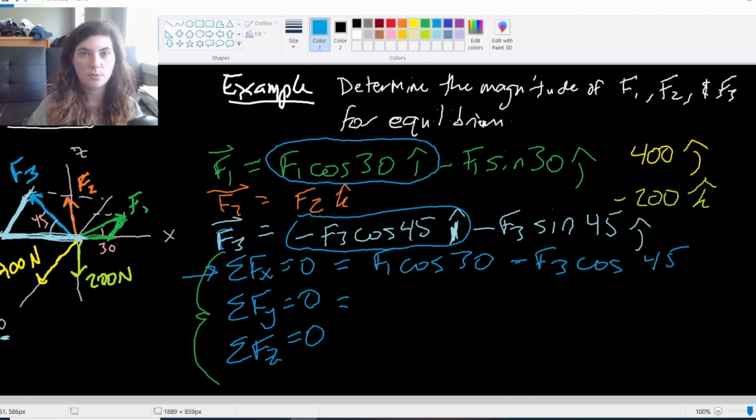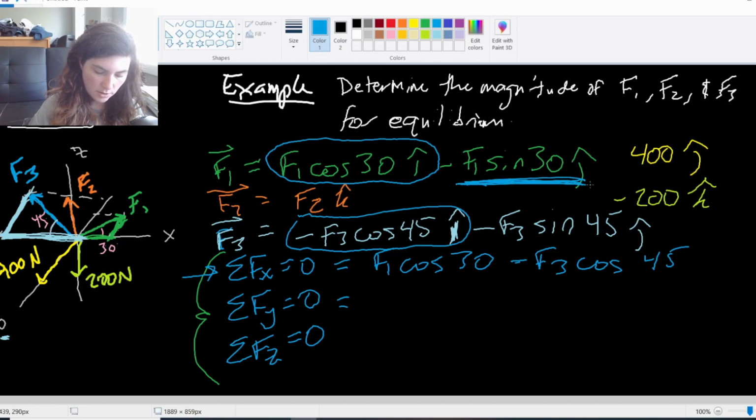As we did for the components in the x direction, we'll do the same for the y and the z. So our y is going to be all of our j hat components. From our F1, we're going to take F1 sine 30. Oh, I almost missed it. It has a negative sign in front of it. The signs carry through with them. It is a negative F1 sine 30.